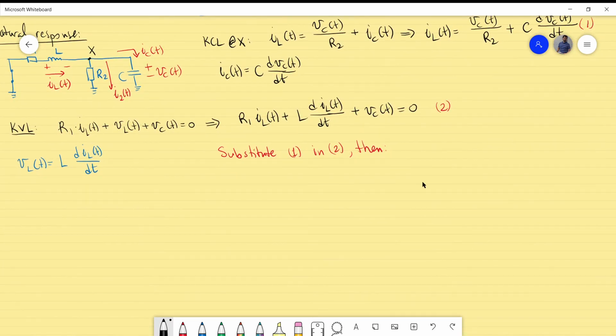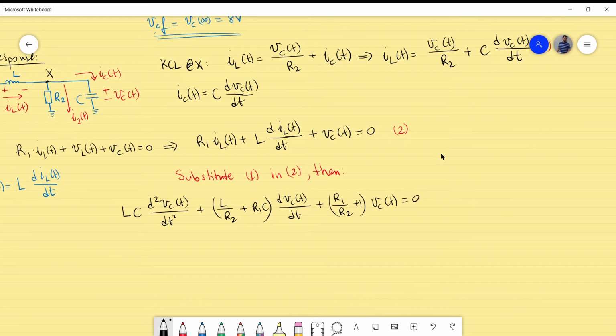So let's continue in black. What you get is an expression for the second order differential equation as shown: LC times the second derivative of the capacitor voltage, plus L divided by R2 plus R1 times C, times the first derivative of the capacitor voltage, plus R1 divided by R2 plus 1 times the capacitor voltage, and it will be equal to 0.